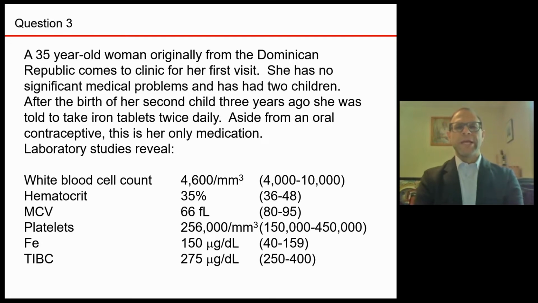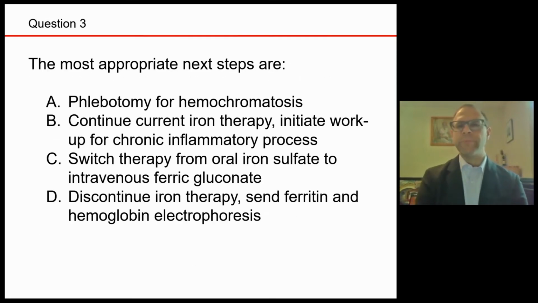The most appropriate next steps are A, phlebotomy for hemochromatosis, B, continue current iron therapy, initiate workup for chronic inflammatory process, C, switch the therapy from oral iron to IV iron, D, discontinue iron therapy, send a ferritin and a hemoglobin electrophoresis.